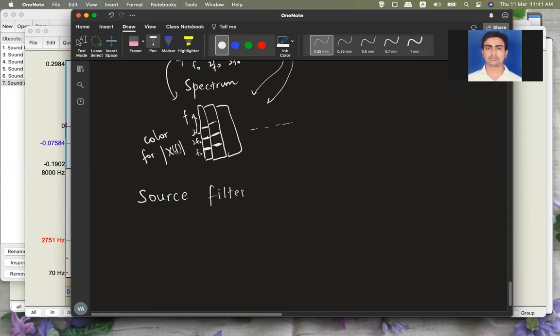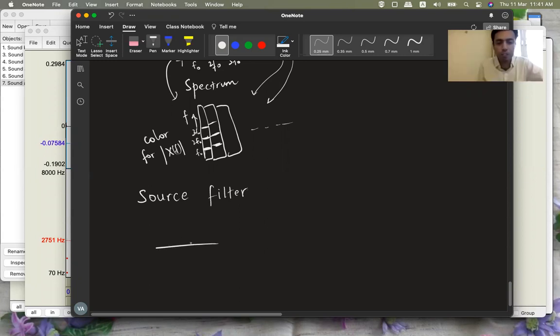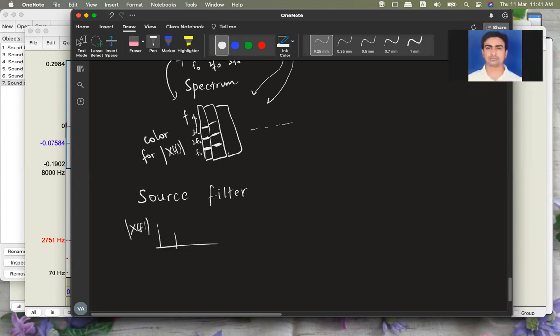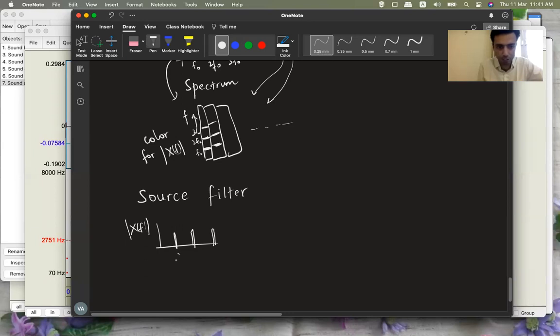What happens is, I'm plotting the spectrum only, X of F. These are glottal pulses, just peaks of the same height: F naught, 2F naught, 3F naught. Actually, it goes much higher. Now, the source filter model has a filter.